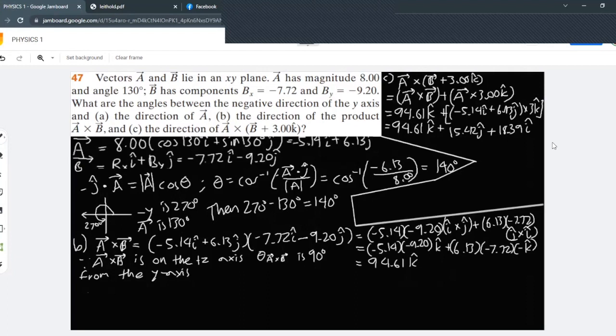So I cross K, what's the direction of I cross K? Use the right-hand rule. I cross K. Positive J.